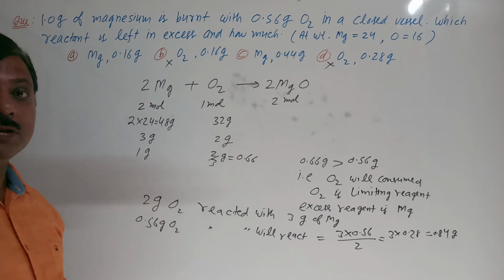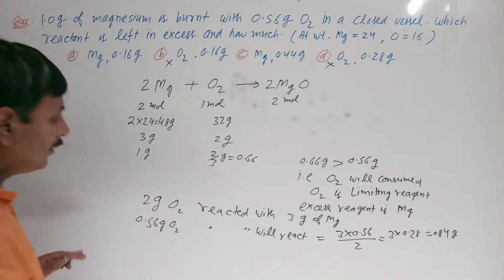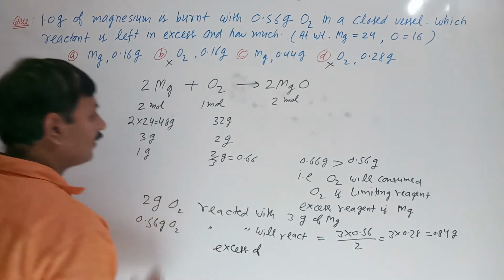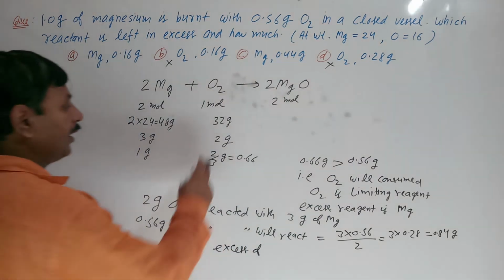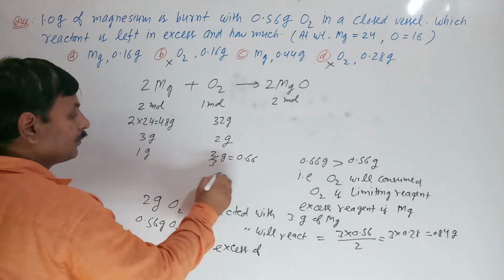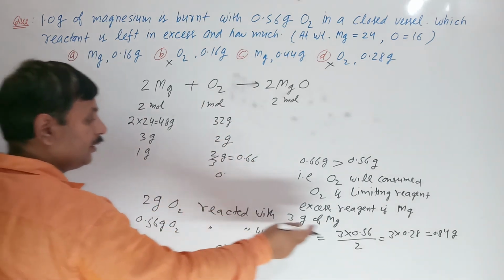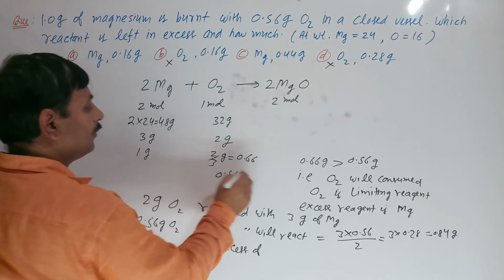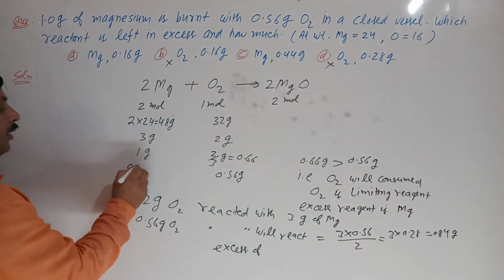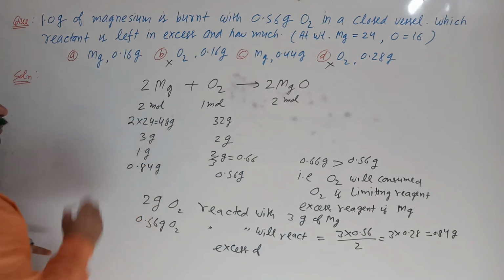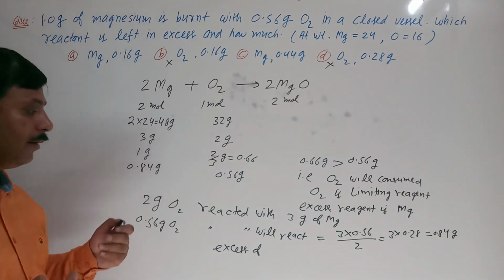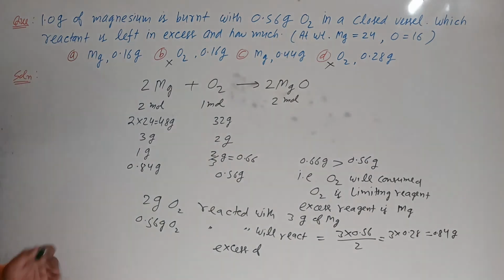How much excess of magnesium? We can write here, 0.56 gram oxygen will react with 0.84 gram. 1 gram is available, 0.84 gram will be reacted or consumed.